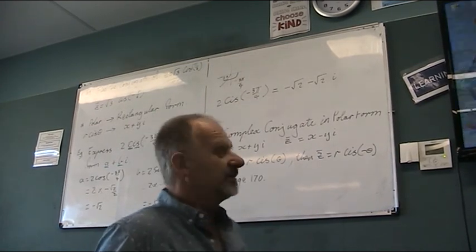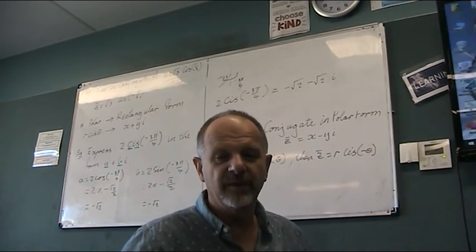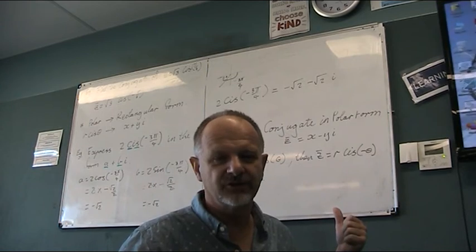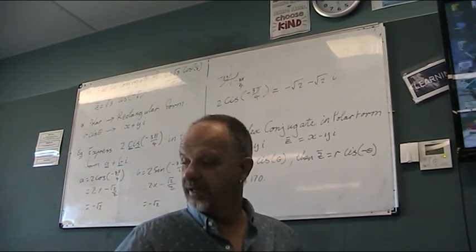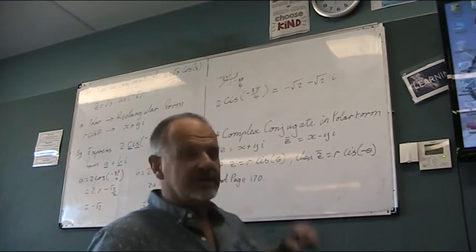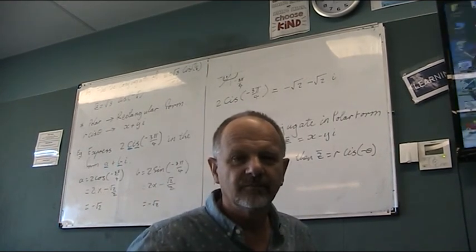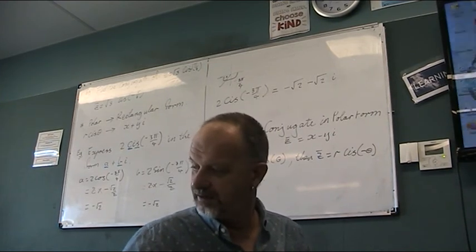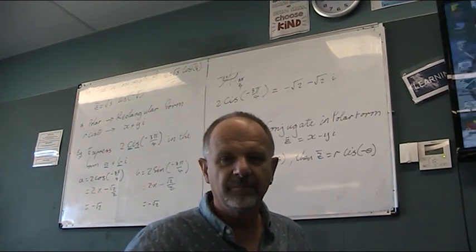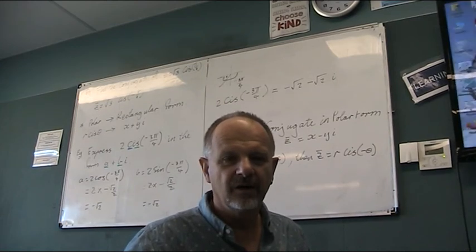And what did we have? So first of all we put our modulus first, our r, so that's 2. Then after that we put a comma. And then we put our angle bit, which was negative 3 pi over 4.